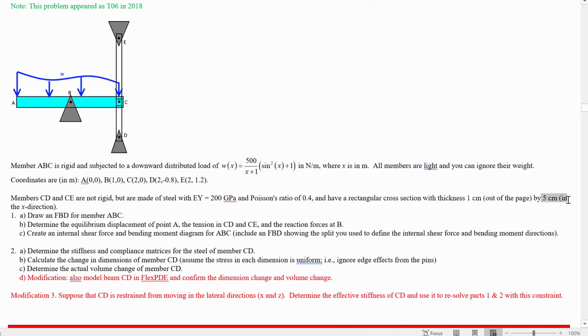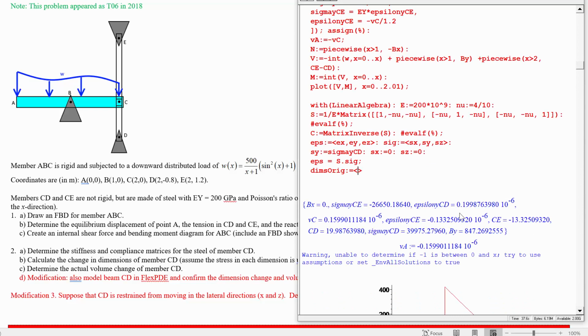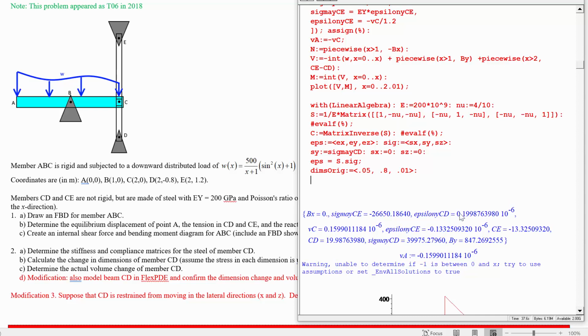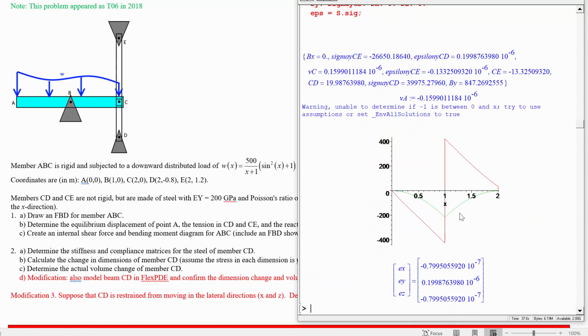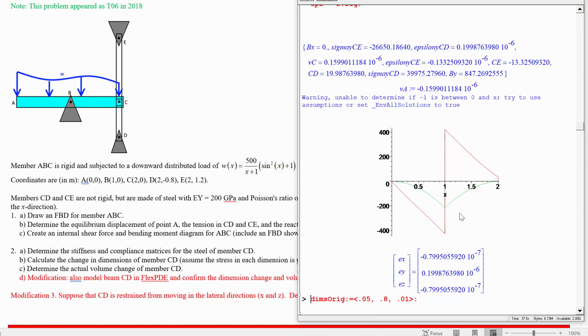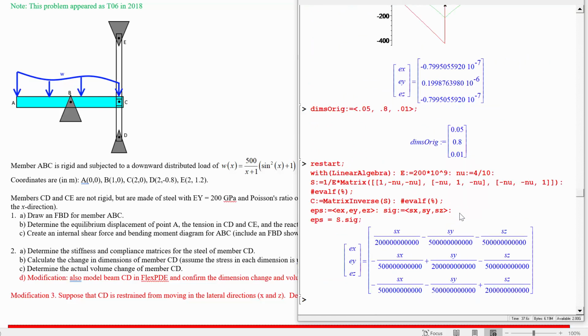It was 5 centimeters wide in X, 1 centimeter in Z, and the 80 centimeters that it was in Y. So let's put that in. Dimensions original is 0.05, 0.8, and 0.01. So here is the list of original dimensions of this thing. Maybe to mess around with this for a little bit, let's go and make a new thing there. Okay, so here's our dimensions.